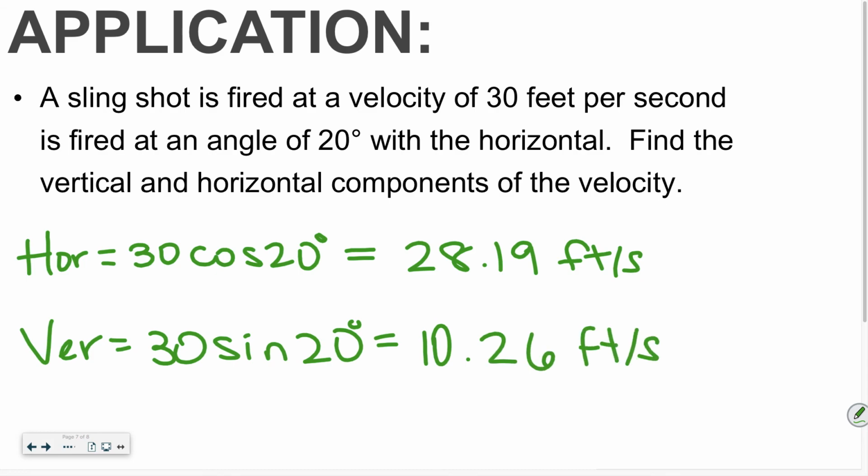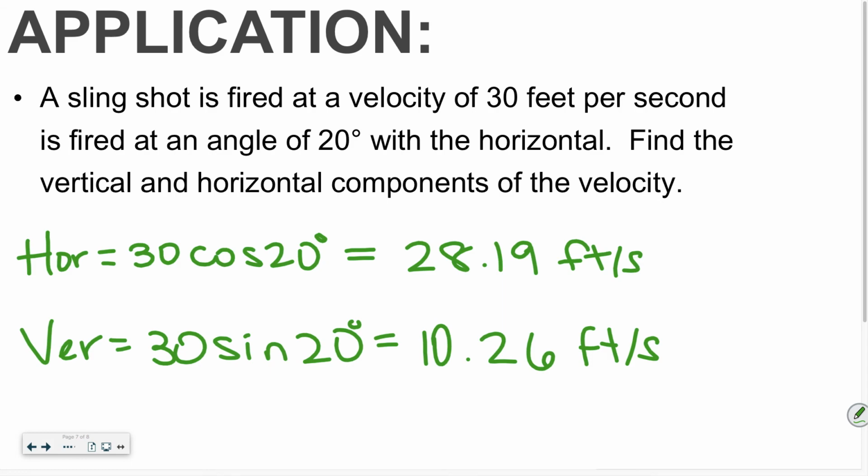Okay? So what's happening? Like if I were to be dead on with whoever is shooting the slingshot, I would really only be able to see that rock move up. I wouldn't be able to see the horizontal change. So I would see it moving up at 10 feet per second.